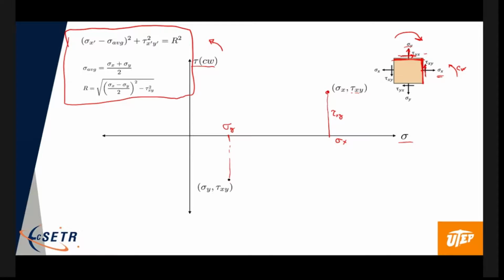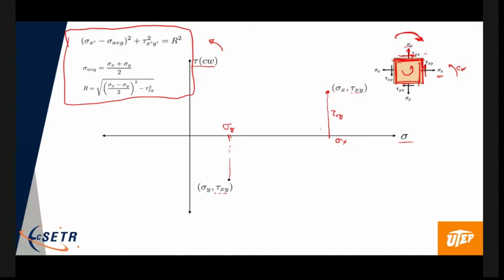So that's why I went down a negative tau xy. And you're always going to see that because on every face, it's the same shear stress, but one pair of faces, like this face and this face, always want to rotate it clockwise, and the top and the bottom face want to rotate counterclockwise. So you always have a normal stress in the X and Y direction, and then the Y component is going to be plus or minus the shear stress, okay?